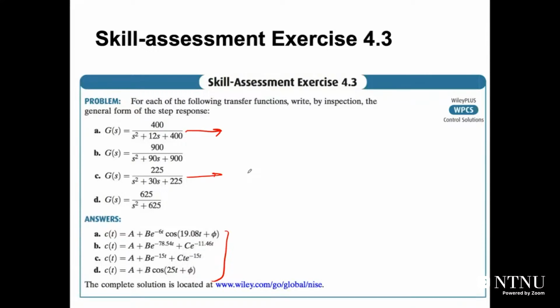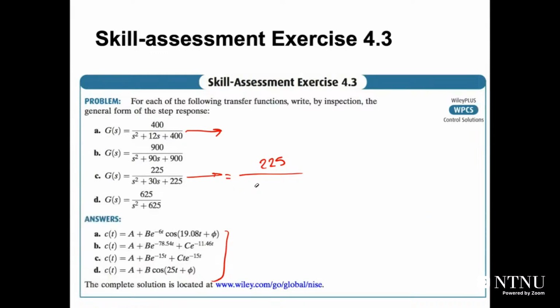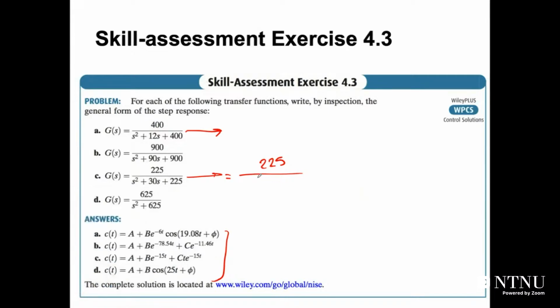So this one, in fact, will be 225 divided by S squared plus, no, sorry. This one will be S plus 15 squared. So C of S here will be 225 divided by S multiplied by S plus 15 squared.